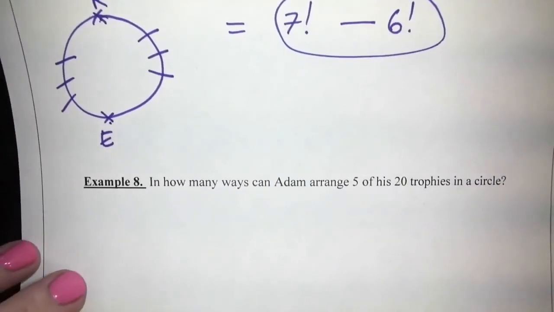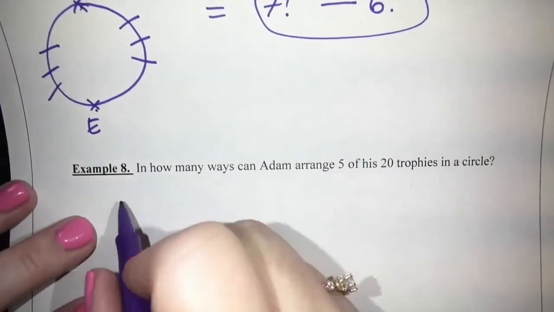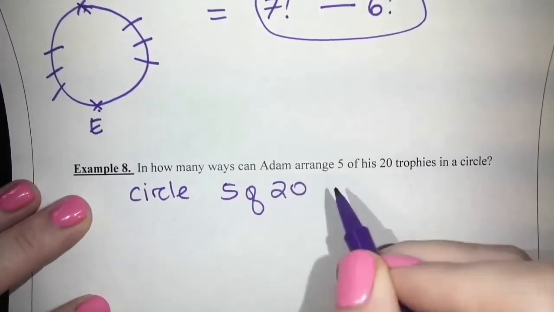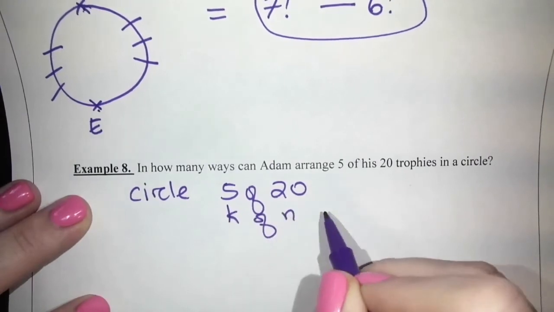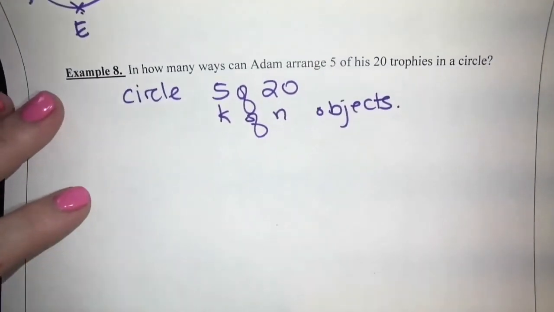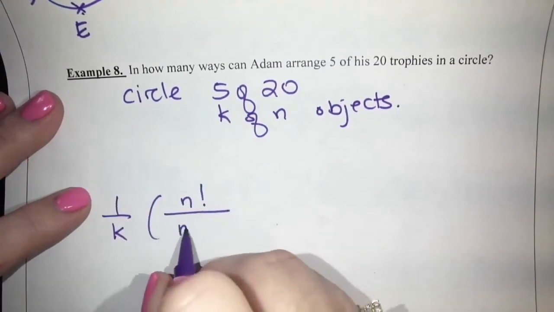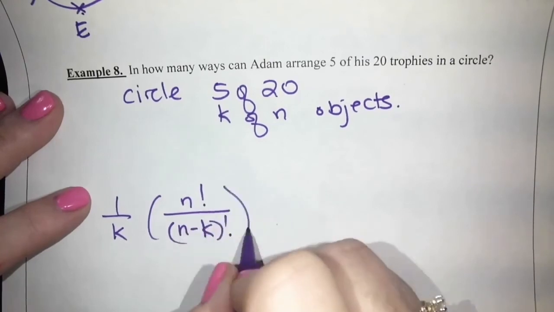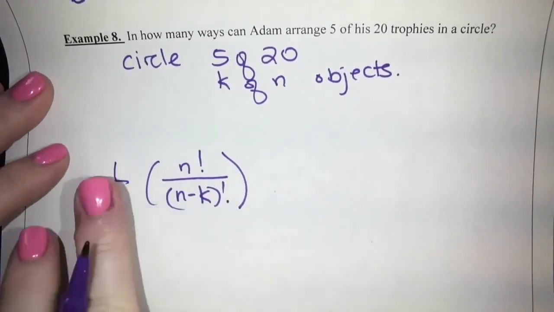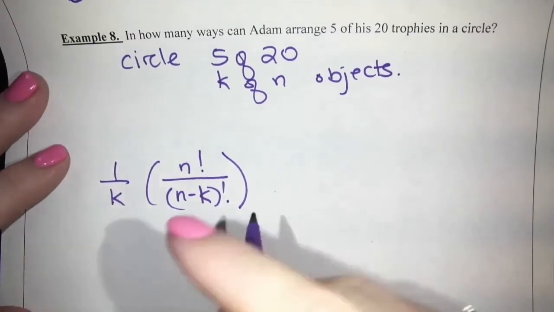And the last one here, in how many ways can Adam arrange 5 of his 20 trophies in a circle? So we're talking about in a circle, 5 of 20. So this is, remember, k of n objects, but in a circle. So our formula is 1 over k, n factorial over n minus k factorial. Whenever we're arranging some of them in a line, it would be n factorial over n minus k factorial, and in a circle we add the 1 over k out in front.